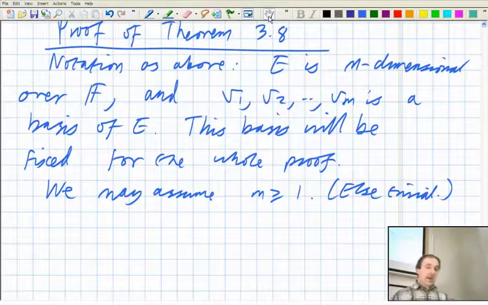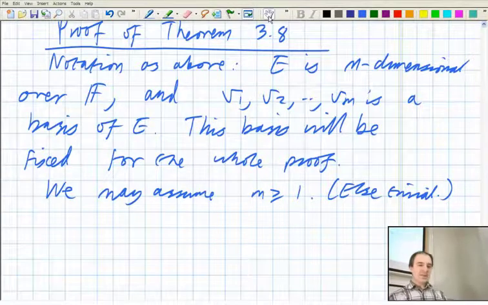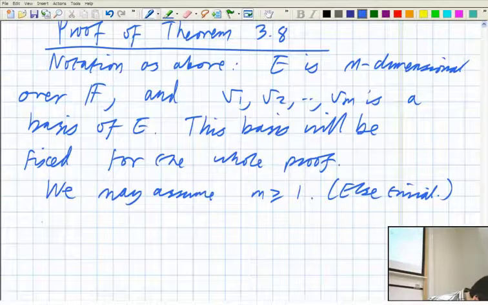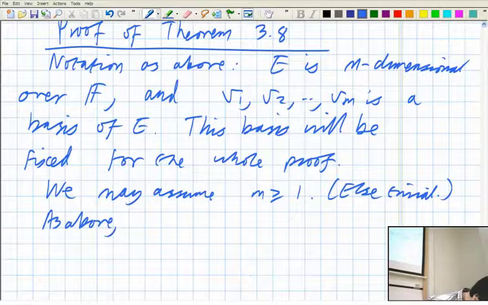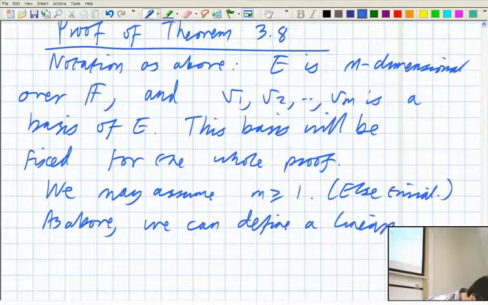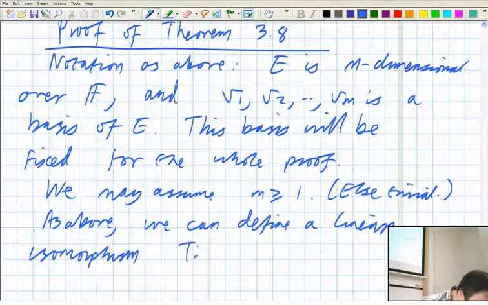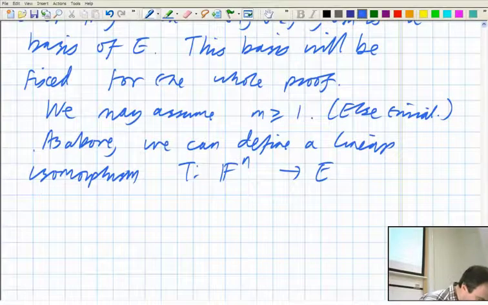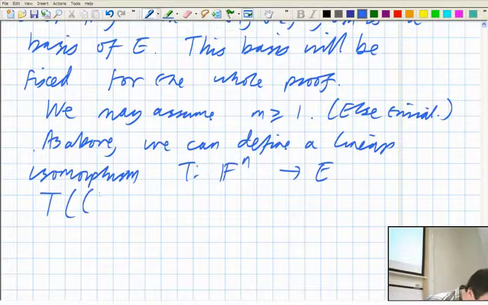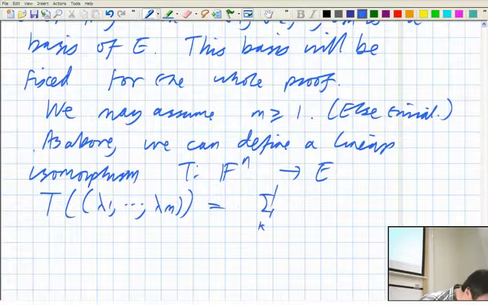So the first thing we do is, as above, you've got this isomorphism T from F to the m to E, where T of your m-tuple is the sum from k equals 1 to m of lambda k vk.